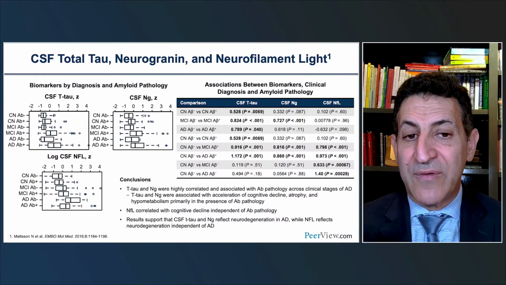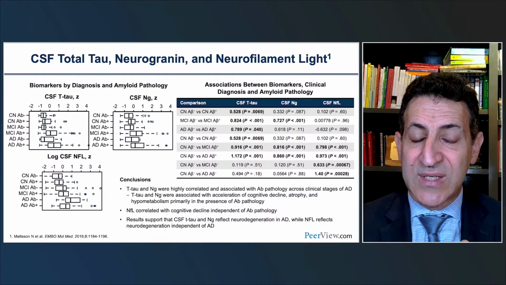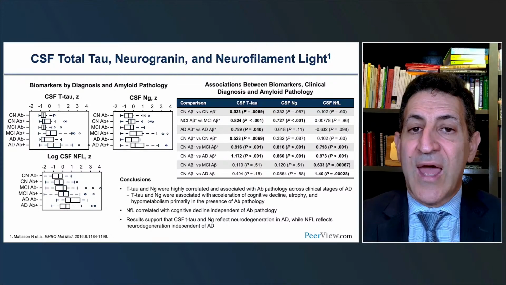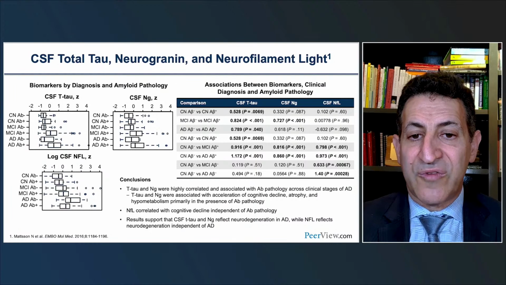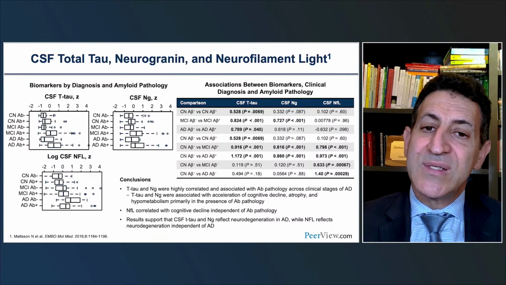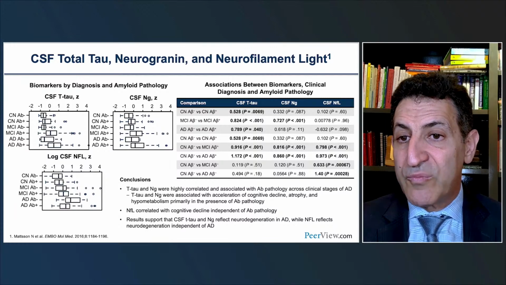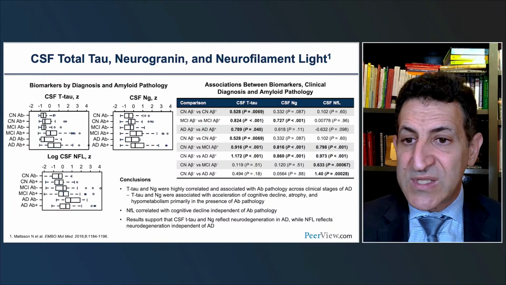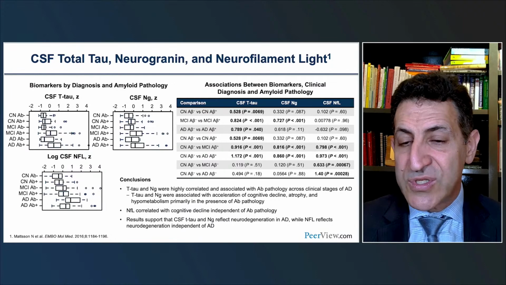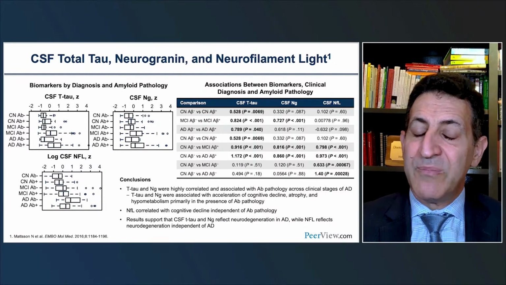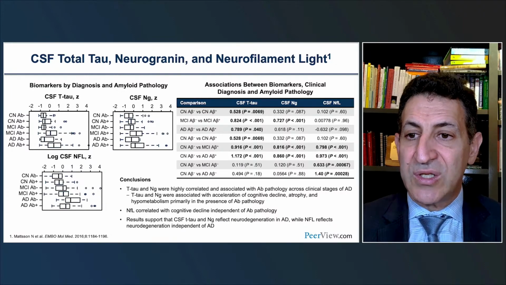So you could have amyloid positivity and tau positivity even before you're showing abnormalities on neurogranin or neurofilament light. So the point is that neurogranin and neurofilament light are being explored, with very good sensitivity and specificity or AUC being looked at, but they have not been added as part of routine clinical practice yet.